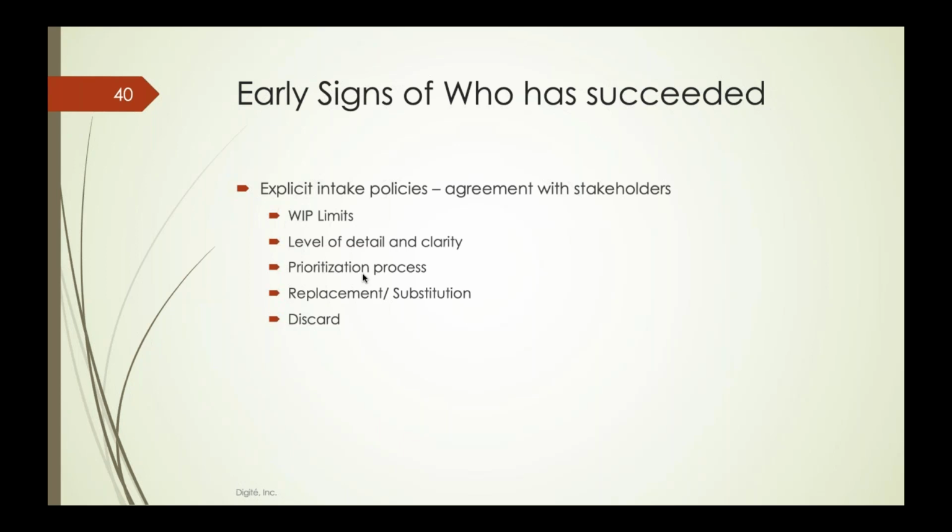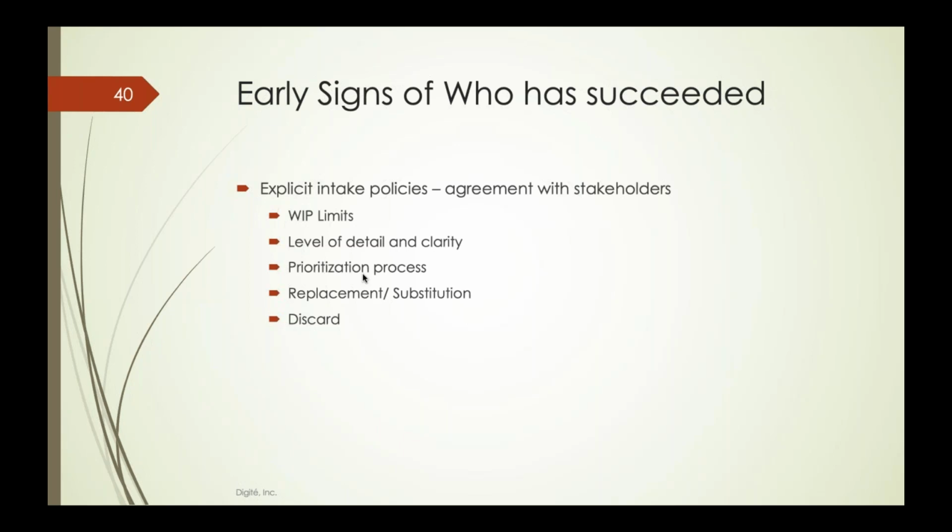It could be other agreements around what happens if something new comes along and you're already at your WIP limit. So in terms of replacement or substitution of work, what are you going to do? And also, are you going to discard work before it's too late, or are you going to abort work after it is started off and you already incurred cost on it?